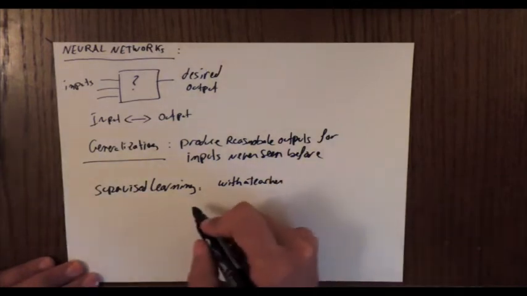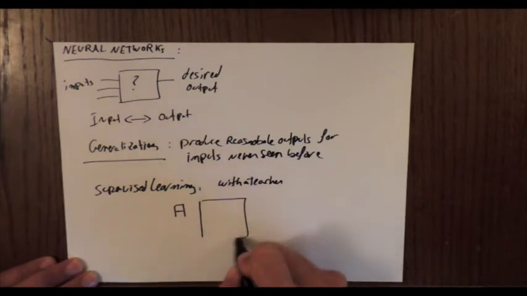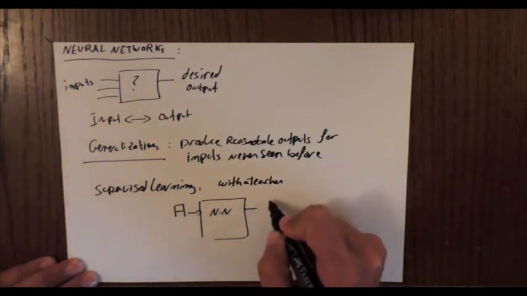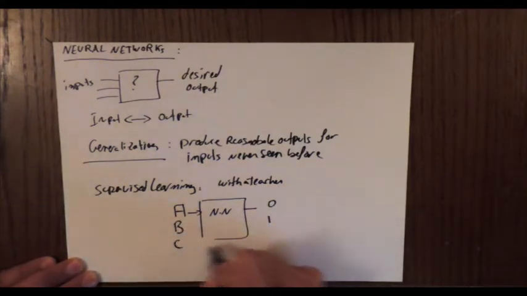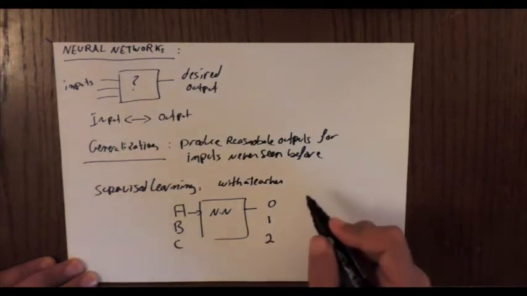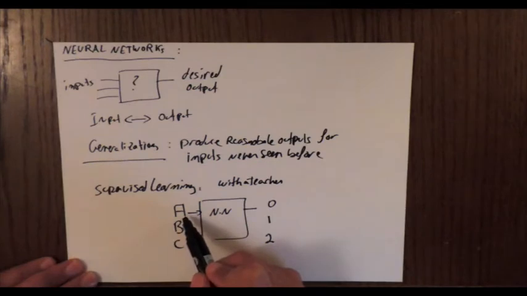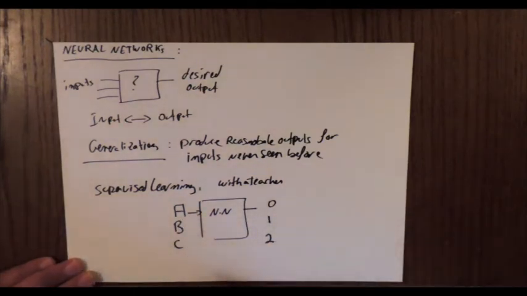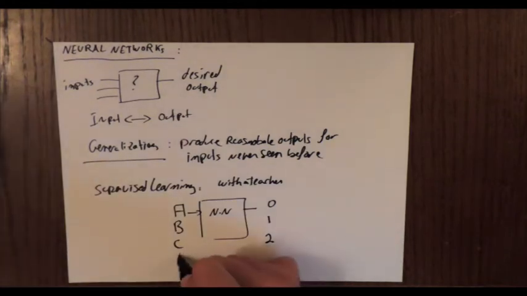For example, I know that if I give the letter A to my system in a character recognition problem, say this is a neural network, it will give me the output 0. If I give B, it will give 1, C, 2. So here I'm teaching the neural network to learn that if it encounters letter A, to direct the output to be 0, letter B to direct the output to number 1, and C to number 2, and so forth.